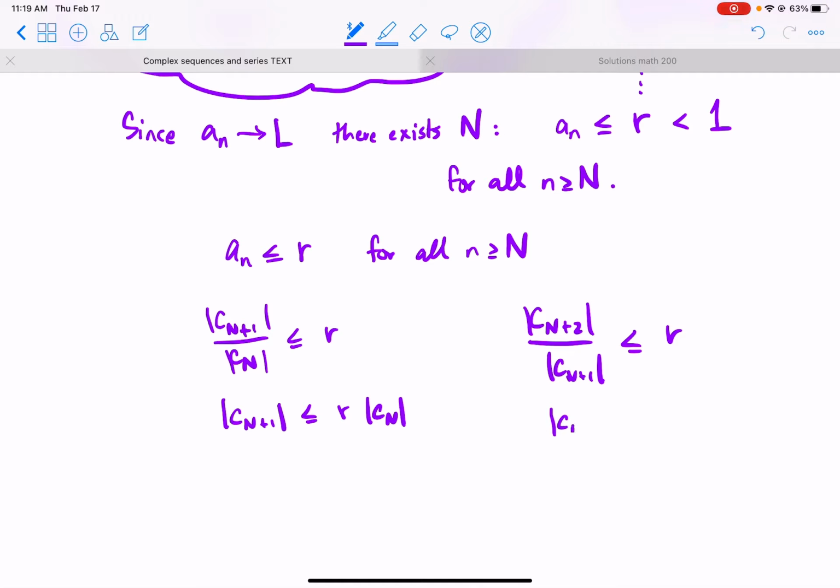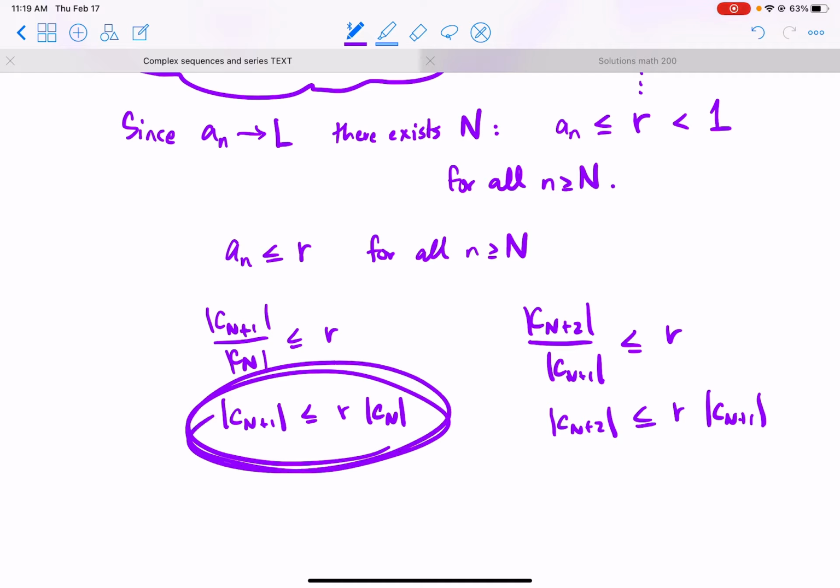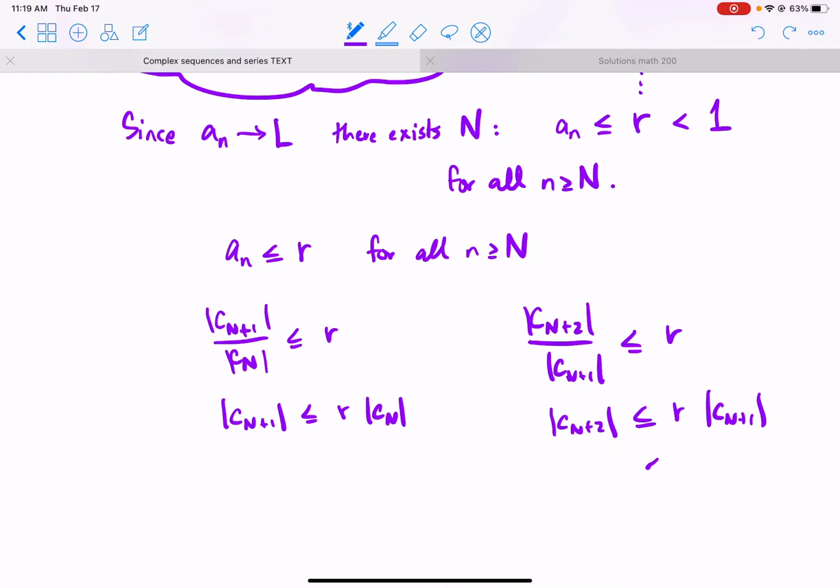But then C_{N+2} is less than or equal to r times C_{N+1}. But C_{N+1} is less than or equal to r times C_N, so r squared times C_N. And by this, we can actually get that the C_{N+k} for any k are less than or equal to that number of multiples of r times the first index, C_N. Okay.